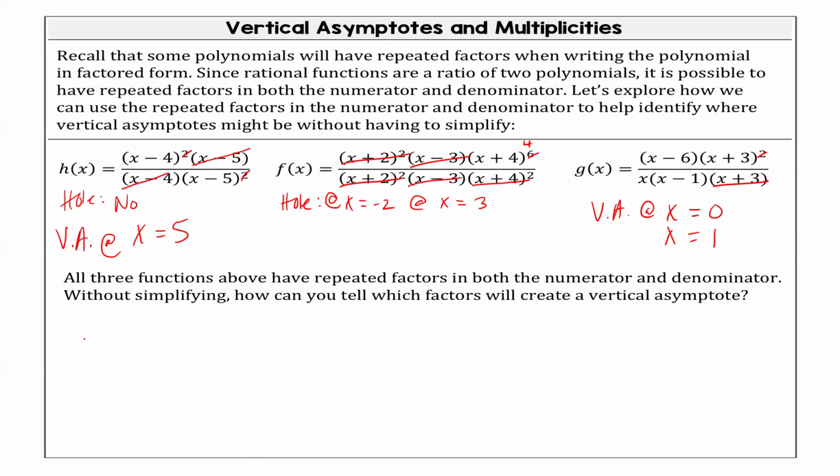Okay, so let's summarize. For vertical asymptotes, for our VAs, if the bottom degree is larger, notice that the denominator factor does not cancel out.